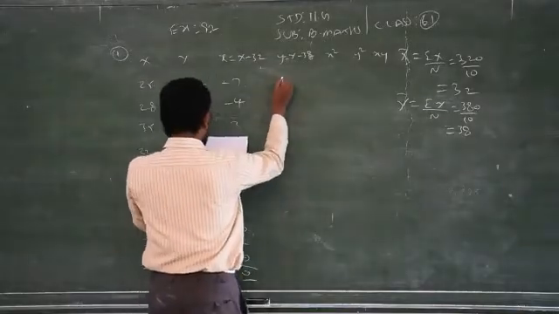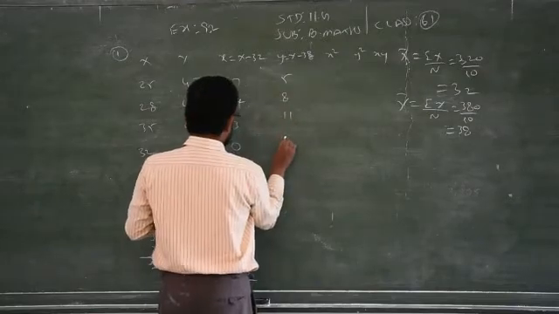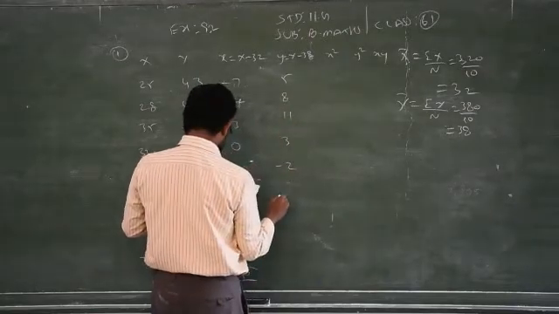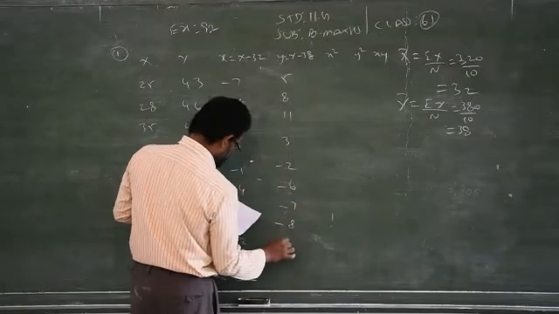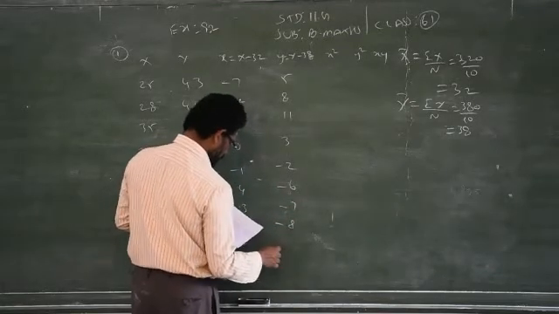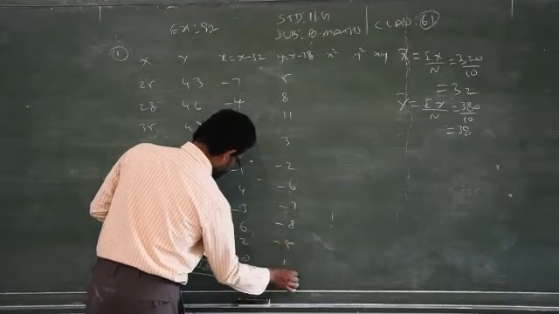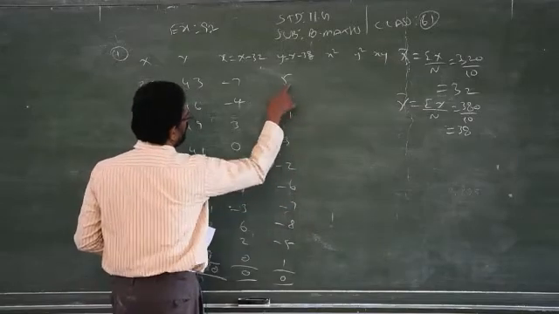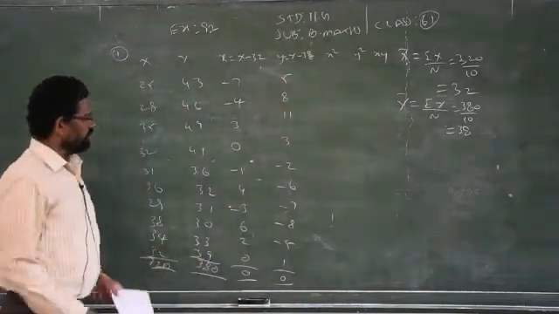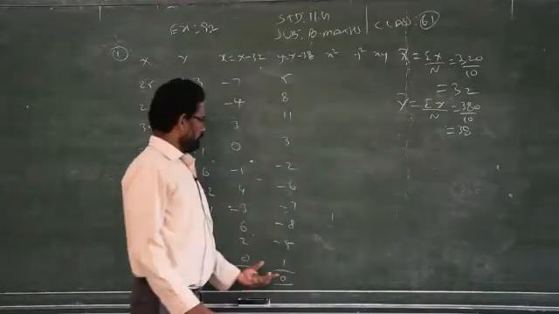Then under Y: 5, 8, 11, 3, minus 2, minus 6, minus 7, minus 8, minus 8, minus 5, 1, 0. That is ten values. Clear? When you go for deviation with the mean, normally summation X and summation Y will be 0.